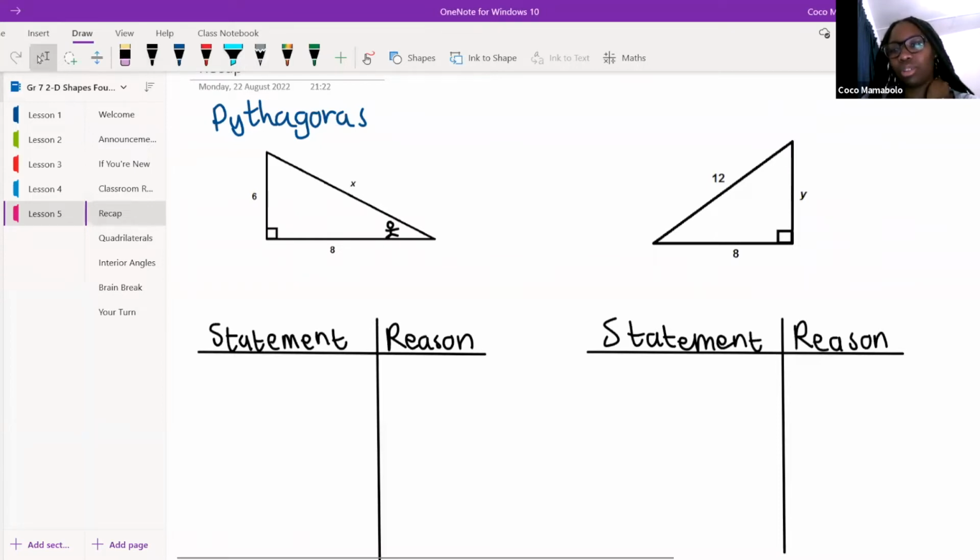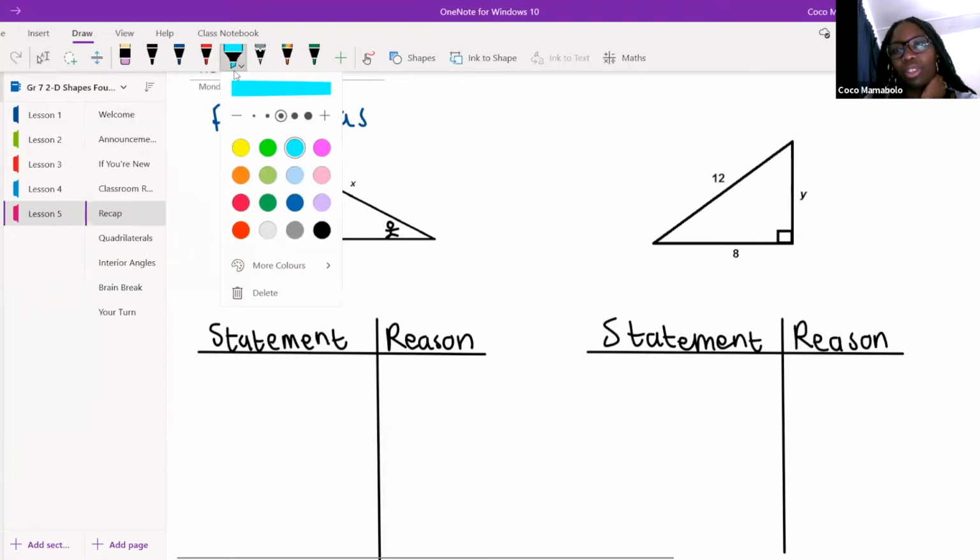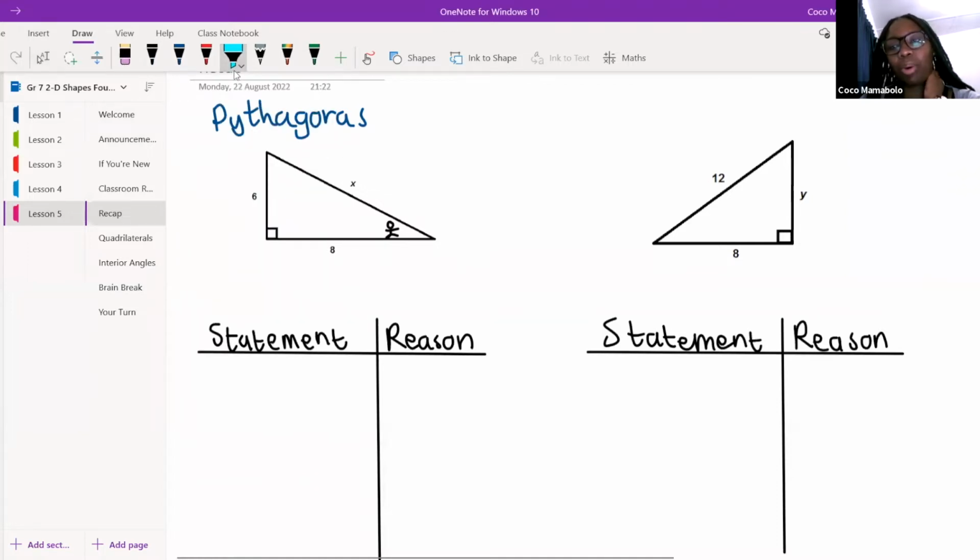Okay, Wisdom, can you remind us which side is our hypotenuse side? Let's start there. Can you unmute for me, my sweetie? The hypotenuse side is the top side.